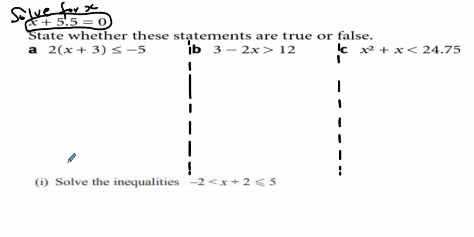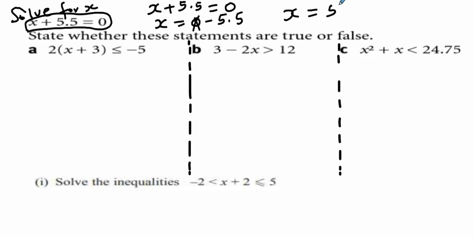We have x plus 5.5 equals 0, which means x equals 0 minus 5.5. So x equals negative 5.5.